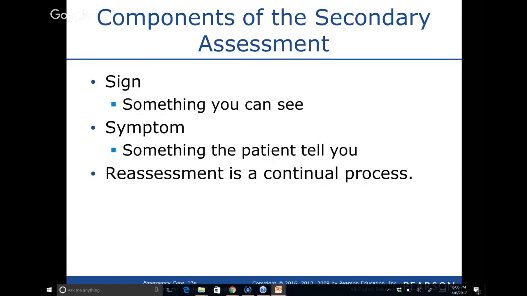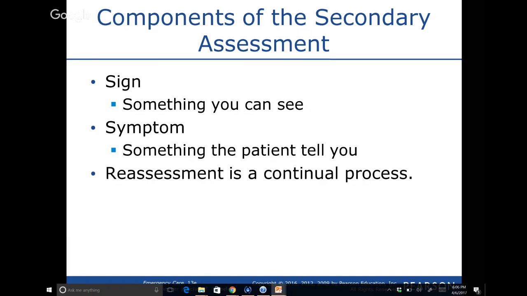So a sign would be they're vomiting, or they have bruising around their eyes. Those are signs. Symptoms are something your patient tells you: I'm nauseated, I have chest pain. Try to keep those separate, and they'll help you on your charting when you get to chapter 16.